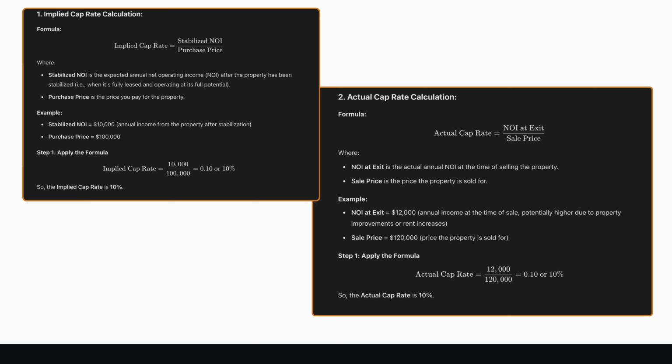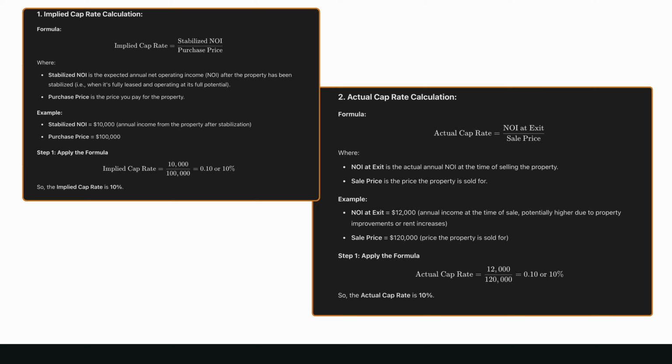What is stabilization? We'll discuss that in the next session. Purchase price is again $100k dollars. Implied cap rate is $10,000 divided by $100k dollars, which is around 10%.